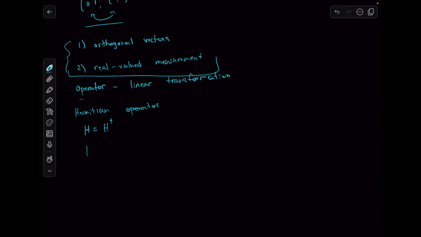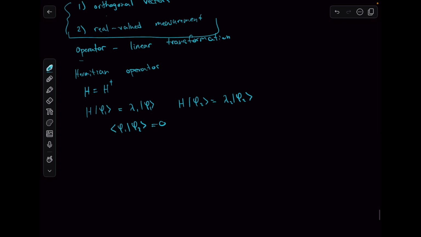So if we have this eigenstate 1 with some eigenvalue, and we also have this other eigenstate with a different eigenvalue, then we know that the inner product between these two is 0. And furthermore, another property of Hermitian operators is that these eigenvalues have to be real. They have to be real numbers.